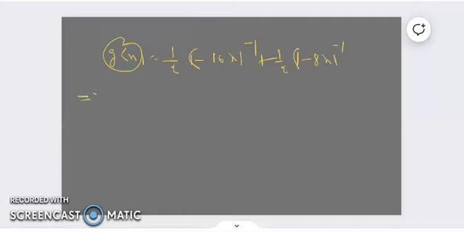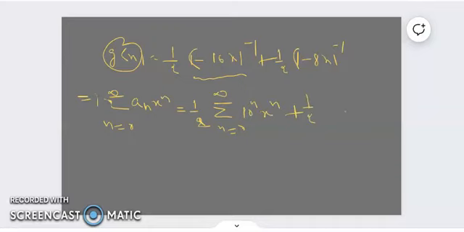Now g of x can also be written in summation form, that is summation n equals to 0 to infinity a n x power n equals to 1 by 2 summation n equals to 0 to infinity 10 power n x power n, and similarly 1 by 2 summation n equals to 0 to infinity 8 power n x power n. This is the standard form of generating function, 1 minus ax whole power minus 1, which we covered in the first video of the generating functions.